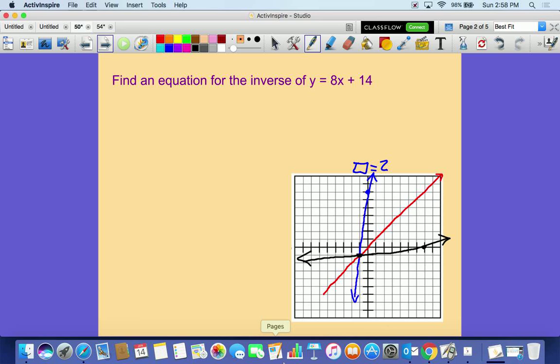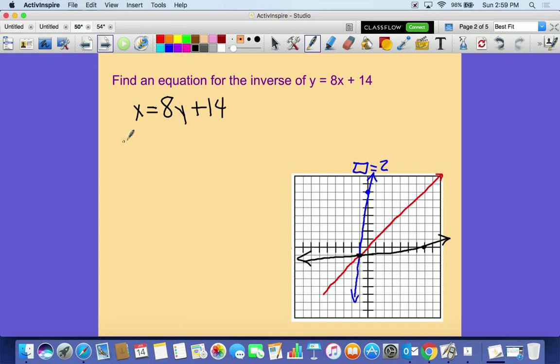But this says to find the equation, and that's going to be really rough to do from the graph. So once again, I wouldn't even make this graph. I showed it to you so you can see what's going on. What I would do with this equation is switch the x and the y. So we've got x equals 8y plus 14. And then the last step is to solve for y.